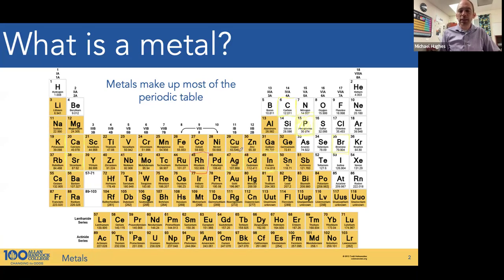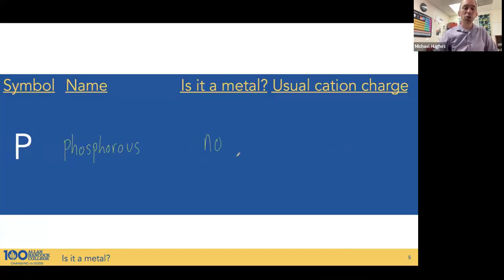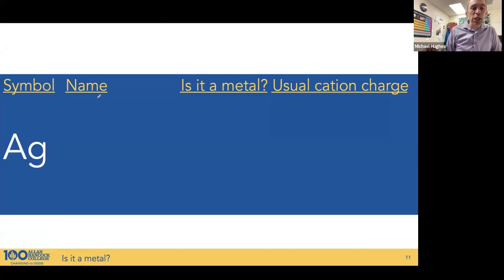Silver is a transition metal, but it is one of 3 transition metals with cadmium and zinc that we do know the charge for. Silver is always +1. Cadmium and zinc are always +2. So Ag is silver. It is a metal, yes, and its charge is +1.